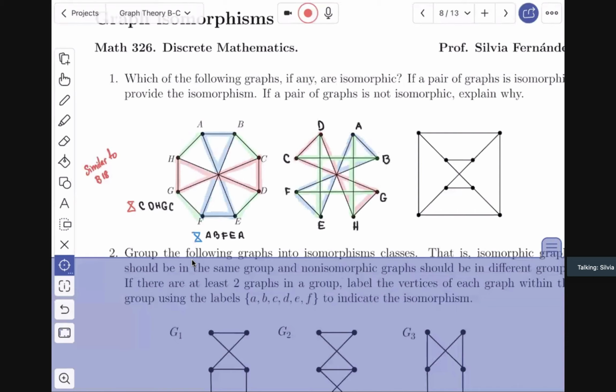The two cycles that I used, the blue and the red, could have been different ones, and maybe your isomorphism is different. So there are a lot of different ways to do it.